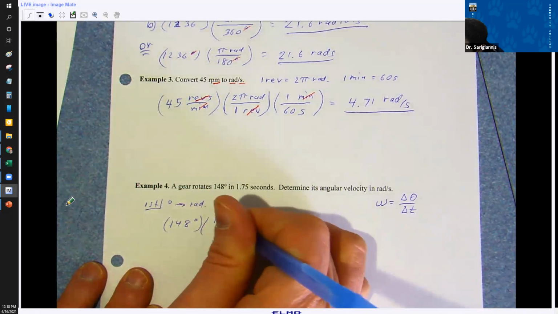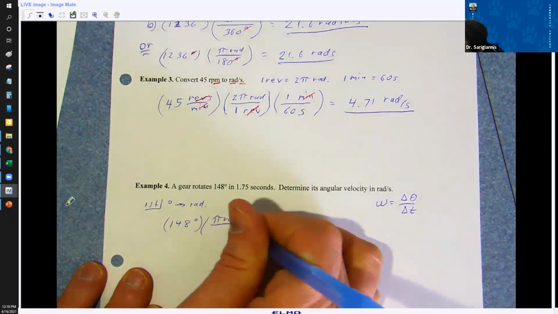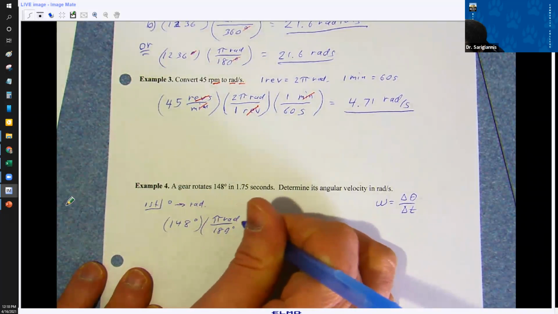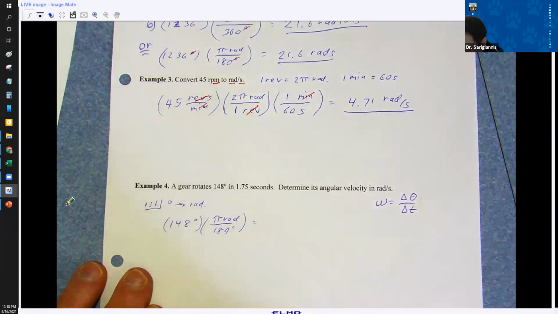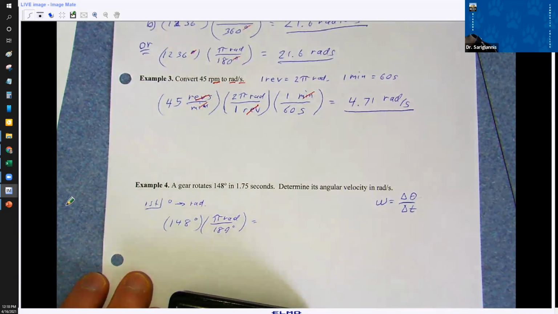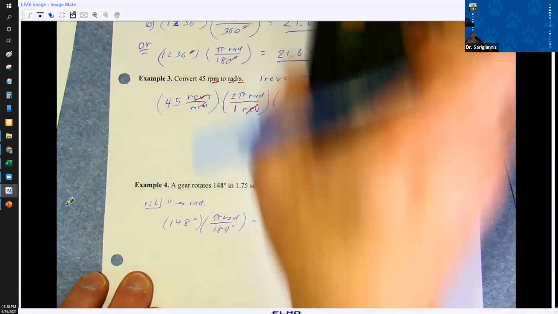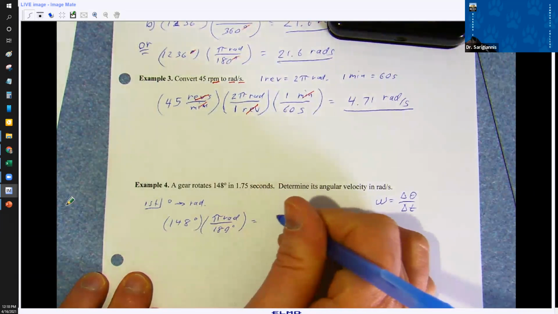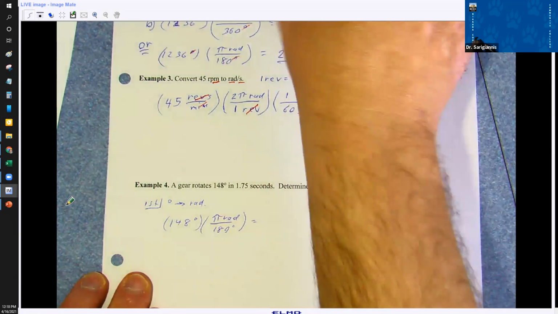Again, we can use the pi radians over the 180. It looks like I didn't write this intermediate step down. 148 divided by 180, oh, times pi.